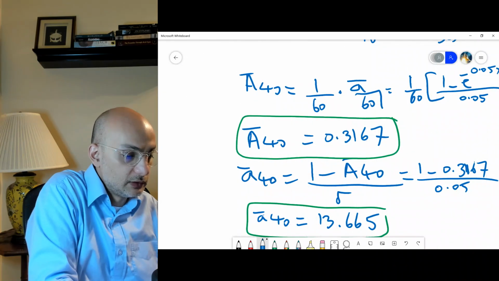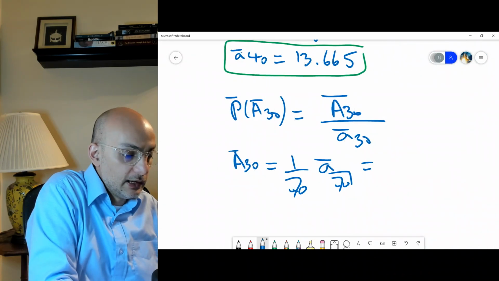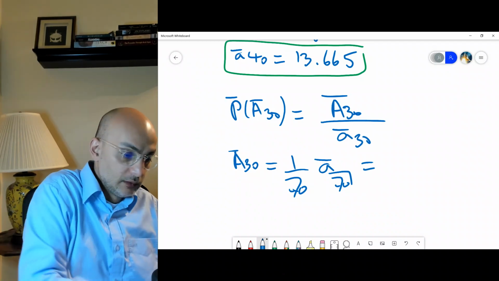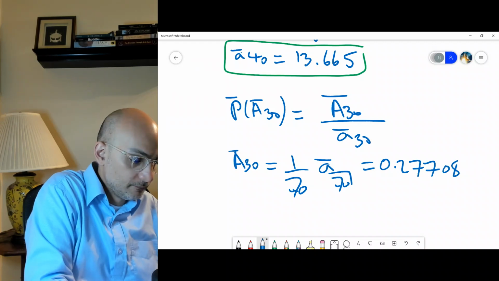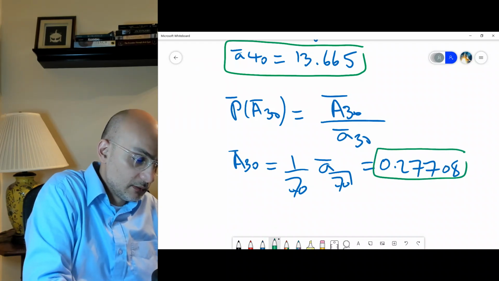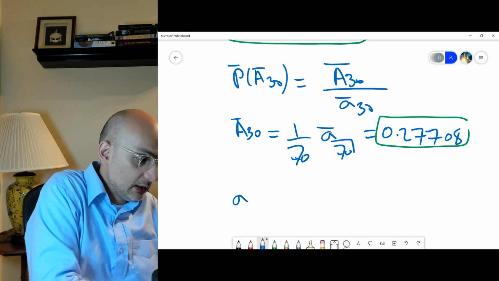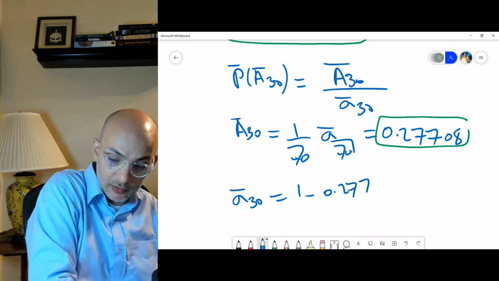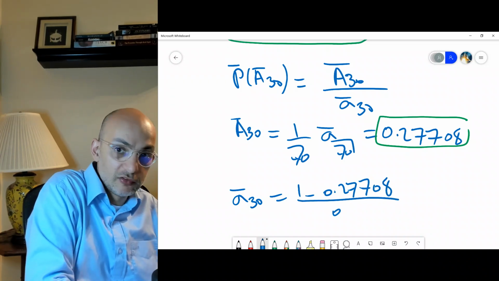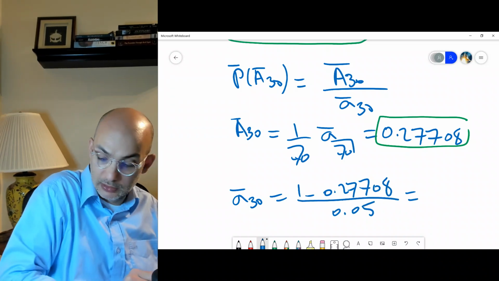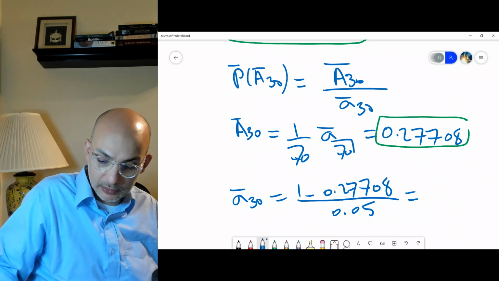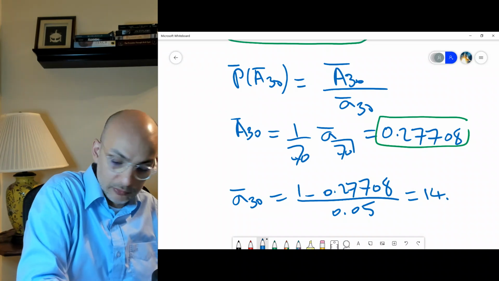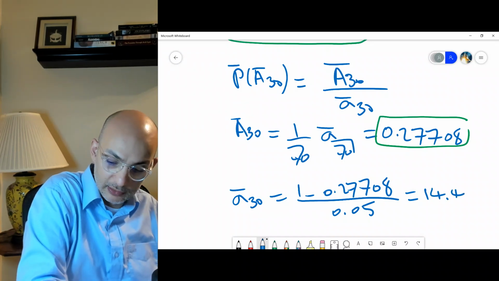I just wanted you to keep this there. And this one for 70 years is 0.27708. Keep this one. Now we need the annuity at 30, which is 1 minus 0.277 divided by 0.05, which will give us the answer. We've done it so many times, we know these numbers, but I just repeated the method again.